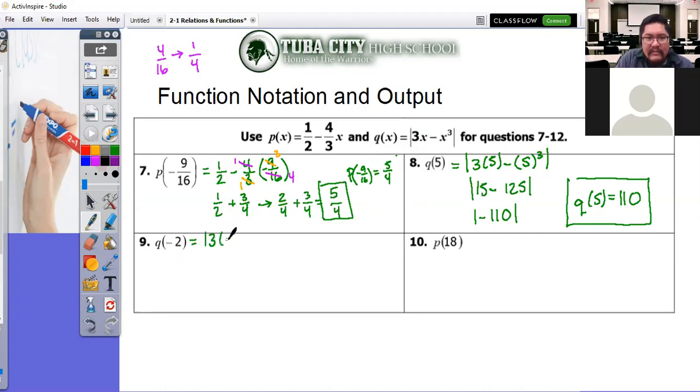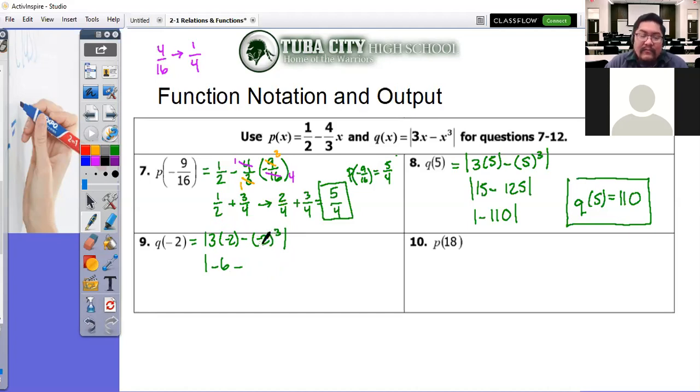So 3 times -2 minus x to the third, but again, x is going to need to be replaced with a -2 to the third power. And let's see, 3 times -2 would be -6 minus, oh, and this minus is not going to be affected, but this one will be.